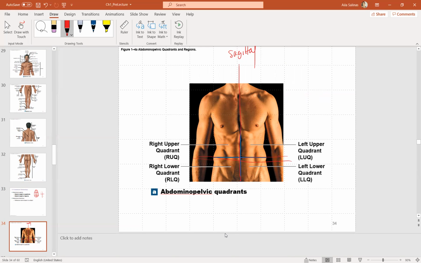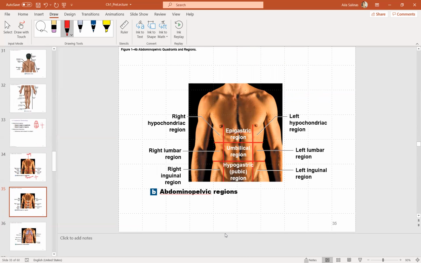We have the right lower quadrant and the left lower quadrant. These are the abdominal pelvic quadrants. So think about this as coming from four divisions. And these are quadrants like south, north, east, and west.